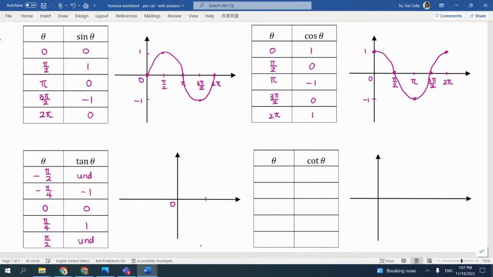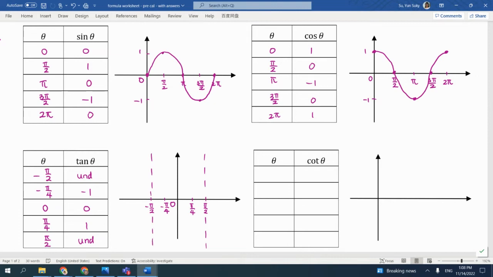And then plus, this is pi over 2. We have a vertical asymptote, so you draw a vertical dashed line. And this is pi over 4, and this is negative pi over 2, negative pi over 4. So we have a vertical asymptote at negative pi over 2.